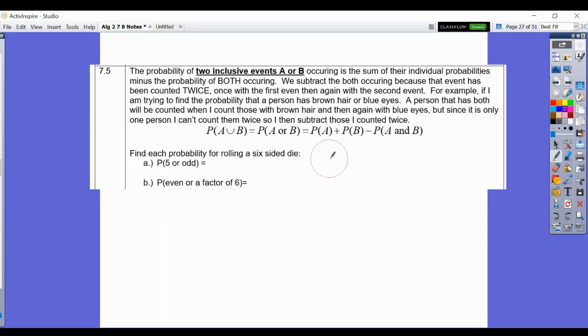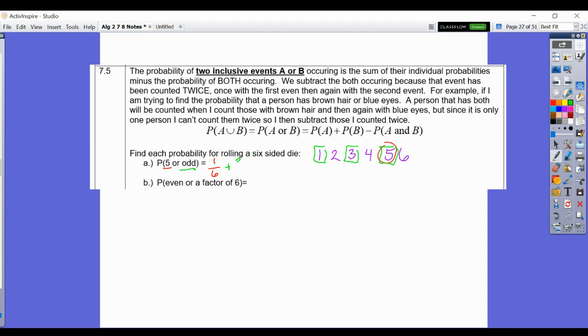So here's an example. We're just going to roll a dice. When you roll a dice, you can go 1, 2, 3, 4, 5, 6, right? So I'm going to use some colors here. What's the probability of getting a 5? Well, there's only one 5 there, so that's 1 out of 6 is my probability of getting a 5. What's the probability of getting an odd? 1, 3, and 5 are odd.